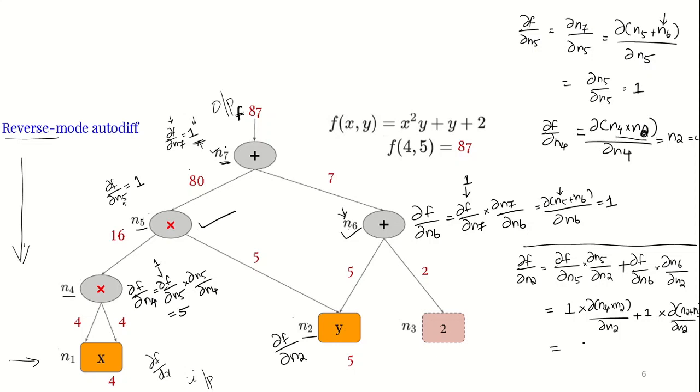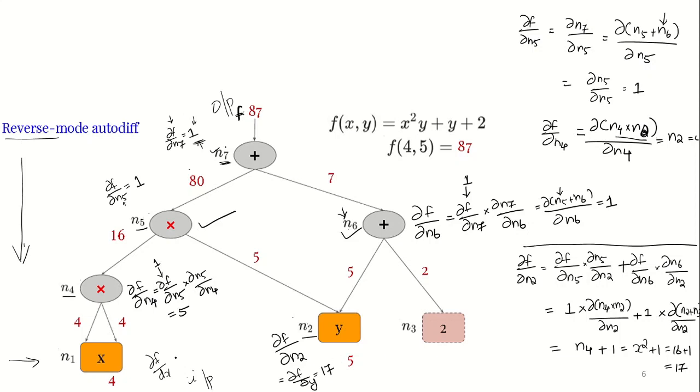So what is it? It is actually n4 plus 1, that is x square plus 1, that is equal to 16 plus 1, 17. Okay, that is this value, ∂f/∂n2, we can also call it ∂f/∂y. Since n2 is representing y, it is equal to 17.